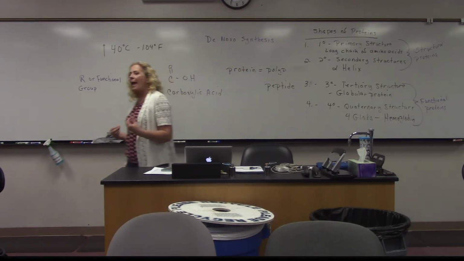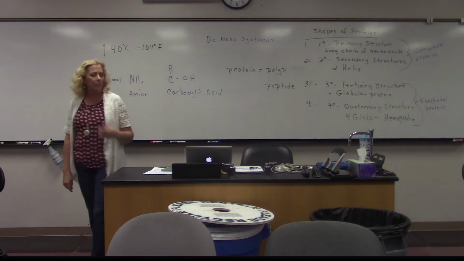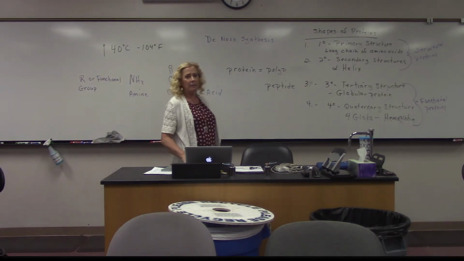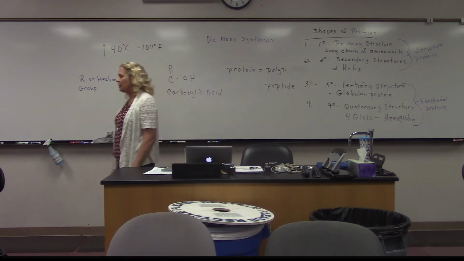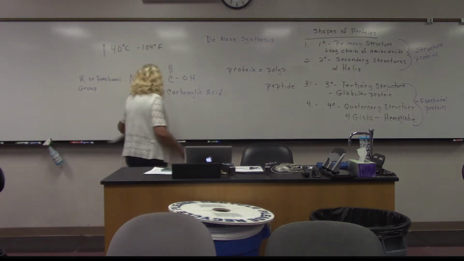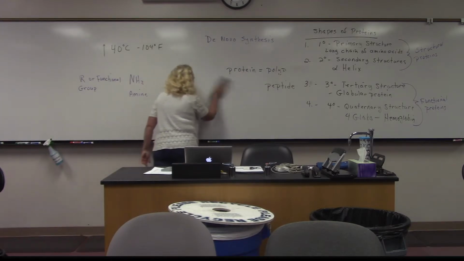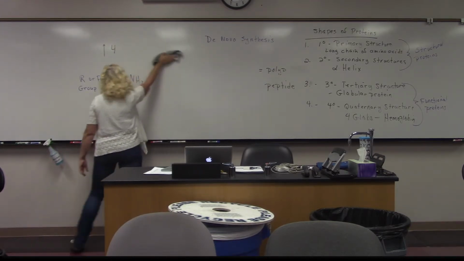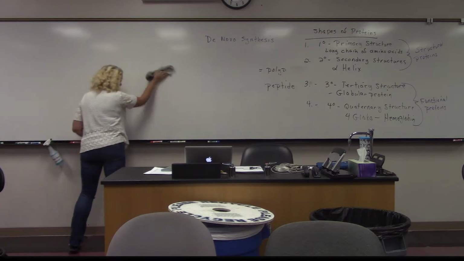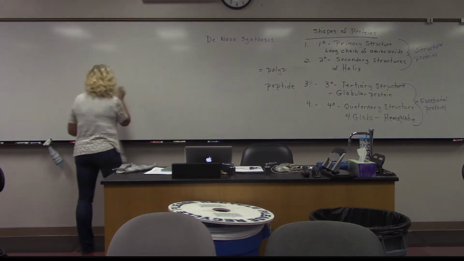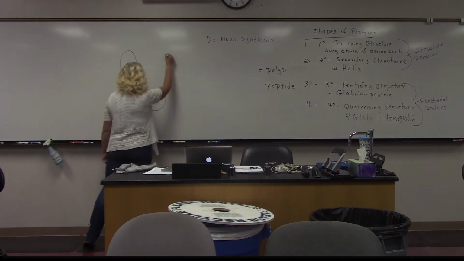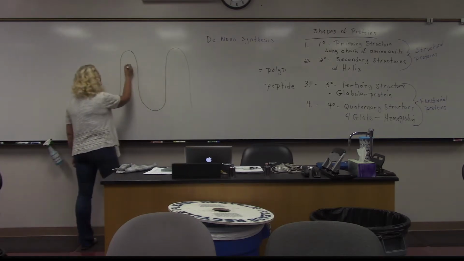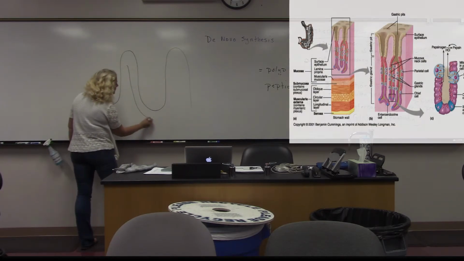But we also have a chemical called pepsinogen. So I'm going to go to this. Do you remember a picture kind of like this with those good old-fashioned gastric pits? All right, so let's talk about these just for a second, because this is very important in protein digestion. So you have this gastric pit, and it has all these cells around it.